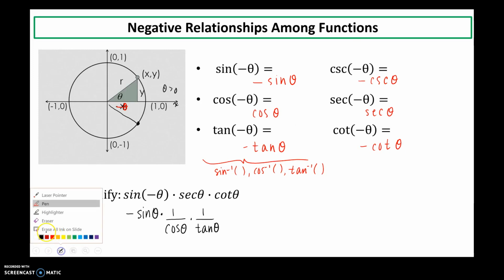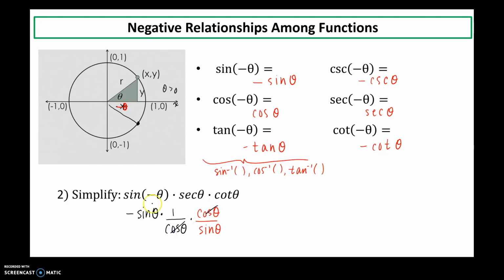And like I said, the rule of thumb, you really want to rewrite in terms of sine and cosine. So if I take cotangent and write it in terms of sine and cosine as cosine divided by sine, now what do I see that cancels? Cosine divided by cosine is 1, negative sine divided by sine, so that entire expression just simplifies to negative 1.